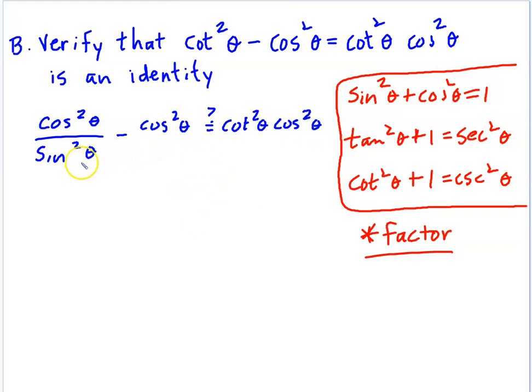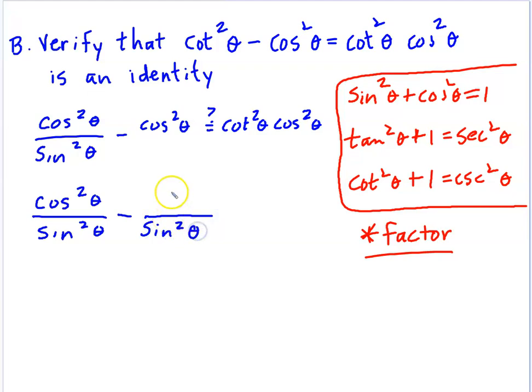Okay, and I'm going to work on a common denominator here on the left side, which is obviously going to be sine squared. So this first fraction does not change. But if I make this denominator also sine squared theta, then remember its denominator is 1. 1 divides into sine squared theta, and then it's sine squared theta times, and then you multiply times cosine squared.